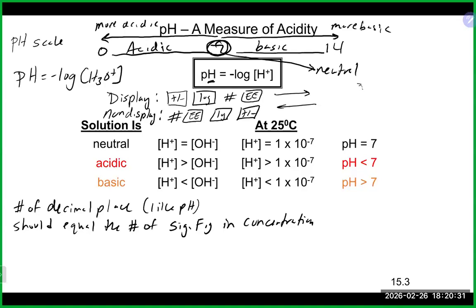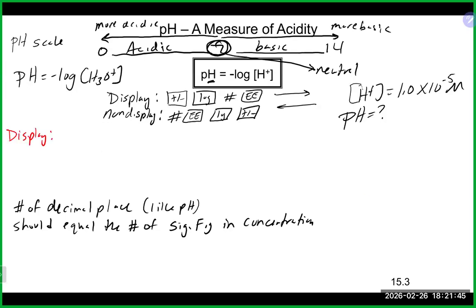So for example, if we had an H plus concentration of 1 times 10 to the minus 5 molar, calculate the pH there to the proper number of digits. Draw your calculator out, make sure you know how to punch it in. On this calculator, you would go the negative button, the log button, type in 1, hit your exponent button, your negative button, and 5, and hit the equal button.